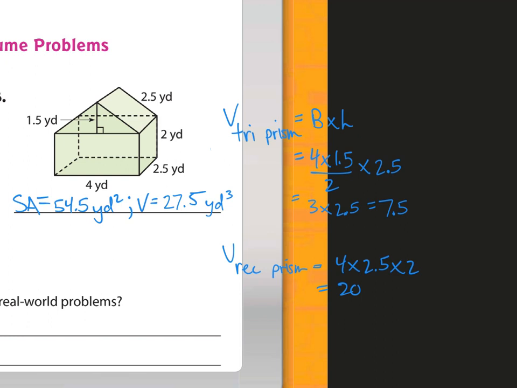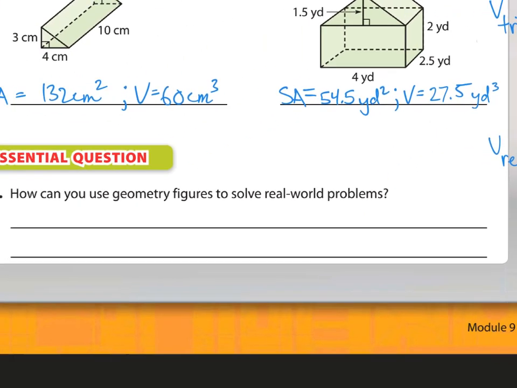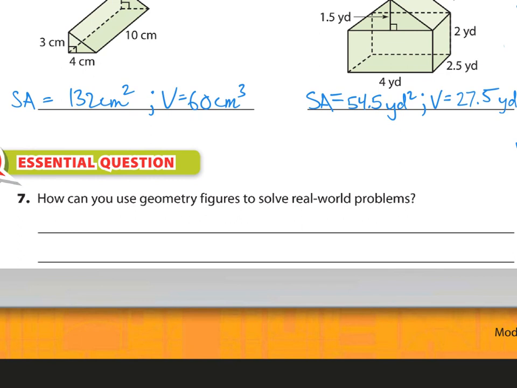Okay, so in our last bit, we have how can you use geometry figures to solve word problems.